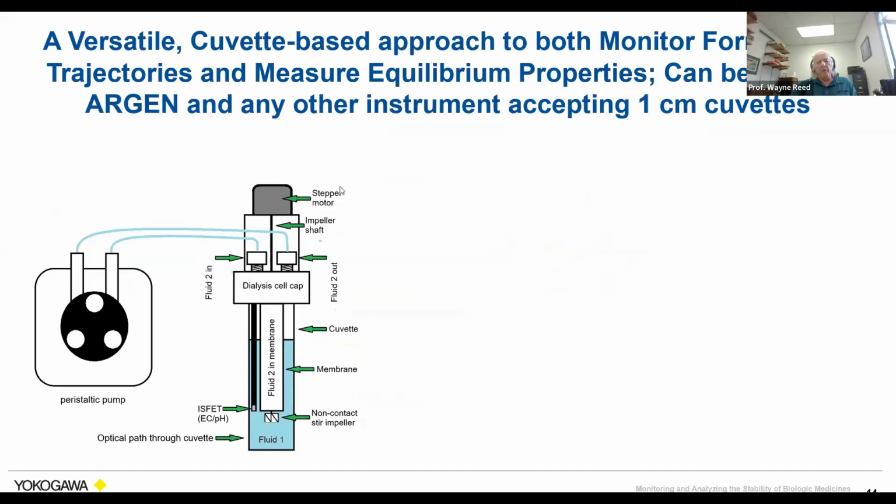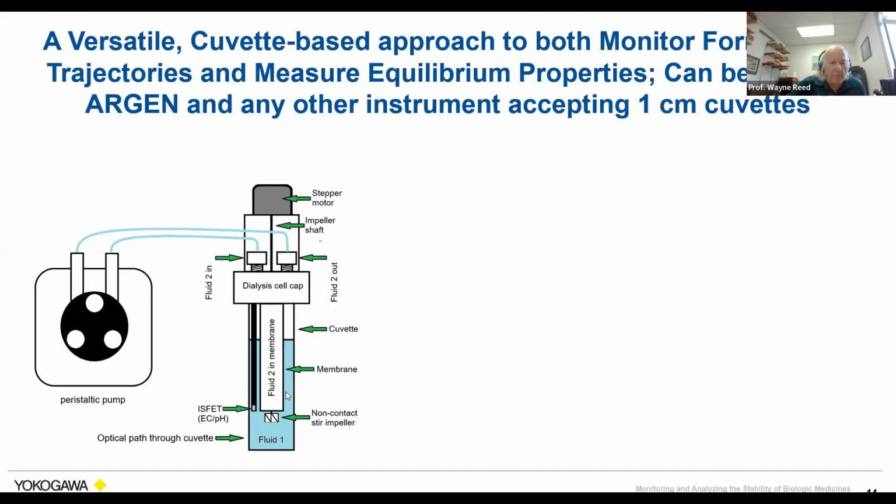Okay, so one thing we use as a nice adjunct to the Argen is this cuvette-based approach, where we take a standard 1 centimeter cuvette used in any spectroscopic instrument that takes them, and we modified it. Well, we built this device here, which then has non-contact stir. We saw the importance of that. It's driven by this stepper motor here, and there's a shaft that comes through. And then we have this cylinder here, around which is hermetically sealed the dialysis membrane.